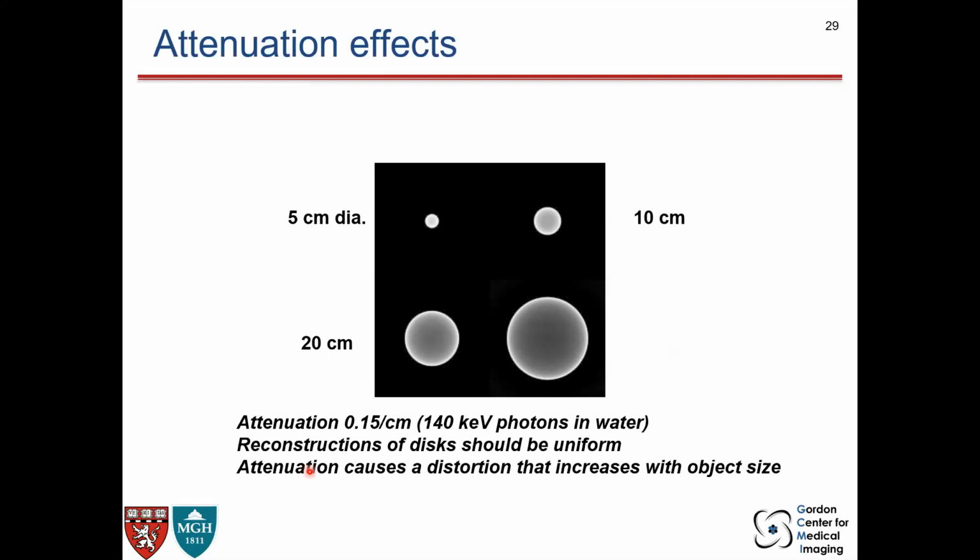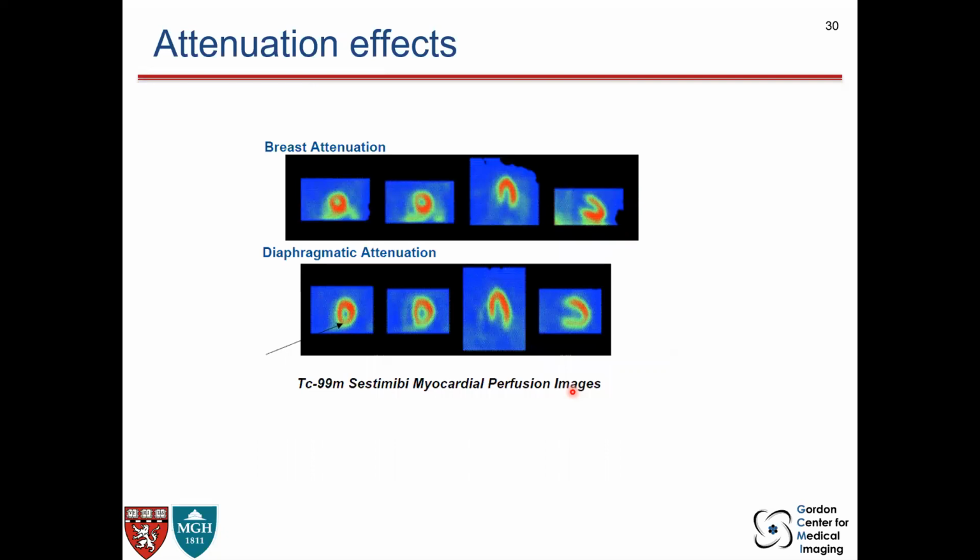If you have a patient with body mass index of above 30, your attenuation correction is a must compared to a much smaller patient or much smaller object to be imaged. So this is just an example of a technetium-based myocardial perfusion image, and also the breast attenuation here on the top.